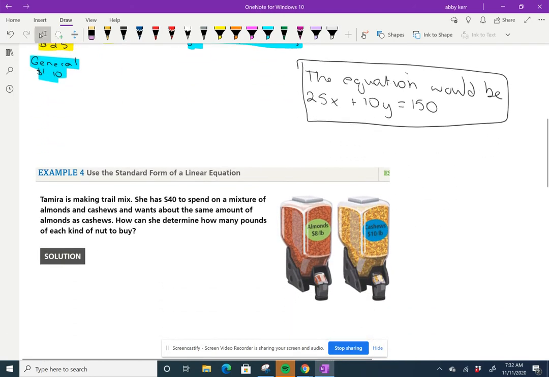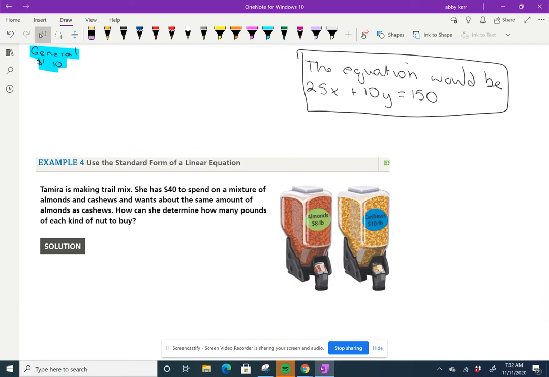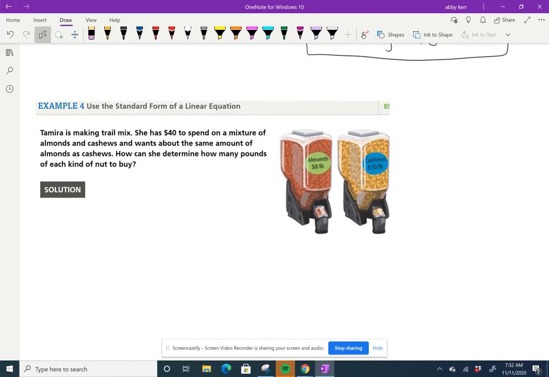Now, for example 4, it says Tamara is making trail mix. She has $40 to spend on a mixture of almonds and cashews and wants about the same amount of almonds as cashews. How can she determine how many pounds of each kind of nut to buy? So we have to use the GUESS method.